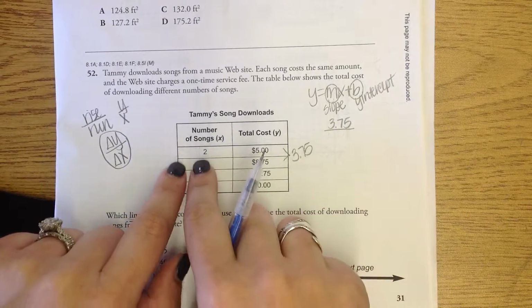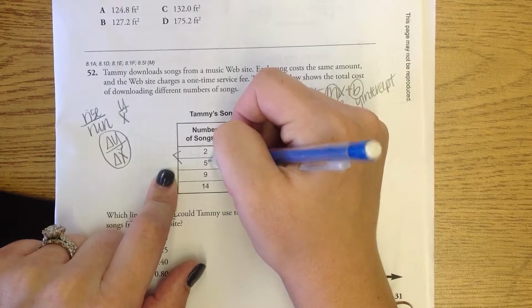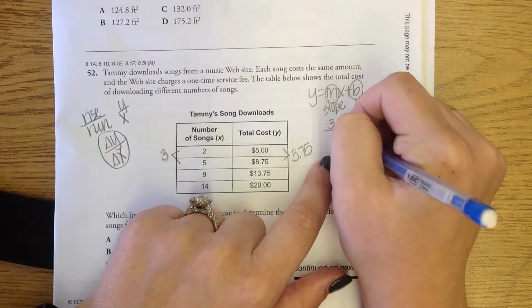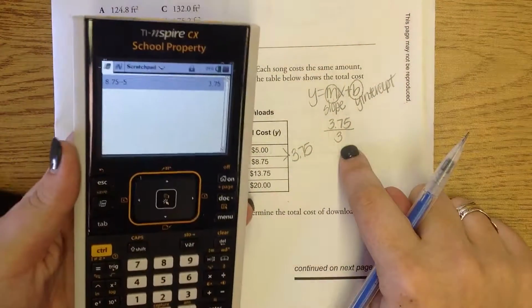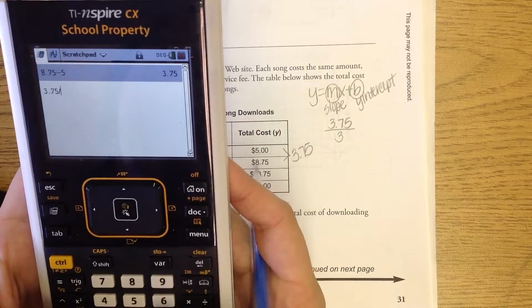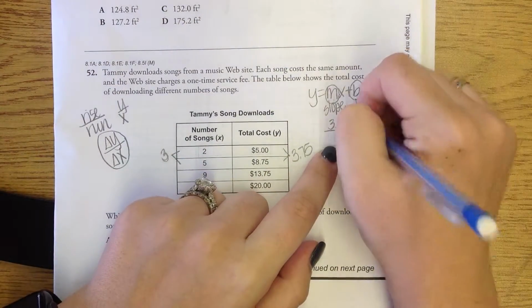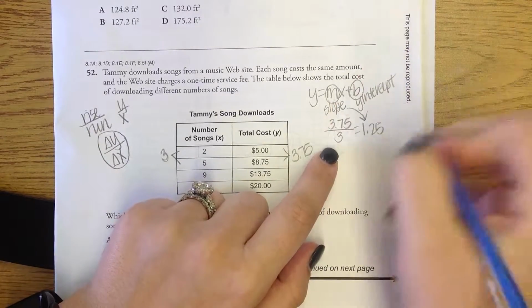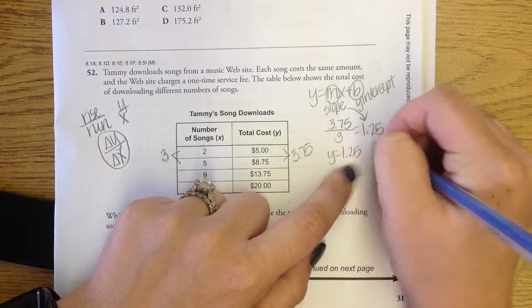We'll divide that by our change in x, which is how it changed going from 2 to 5. It increased by 3 additional songs. Thankfully, we have this calculator that would reduce this for us and give us a nice decimal. 3.75 divided by 3 is 1.25, which is our slope.